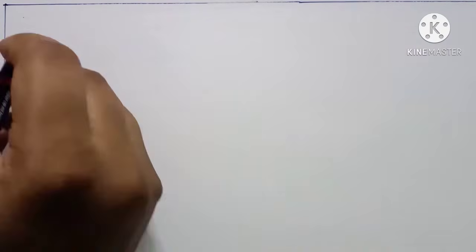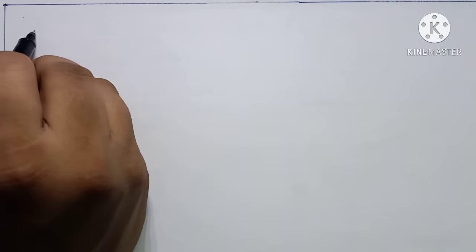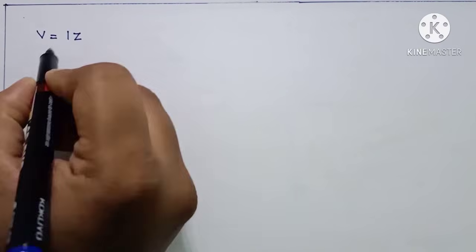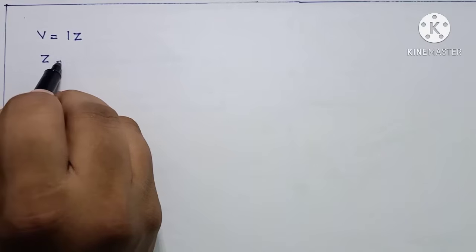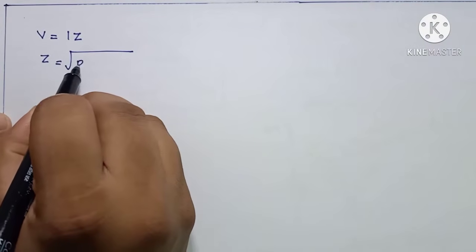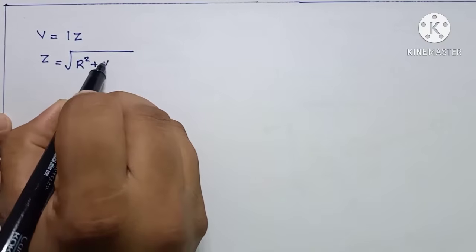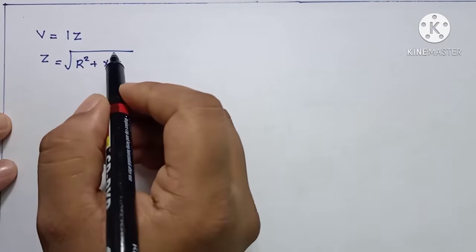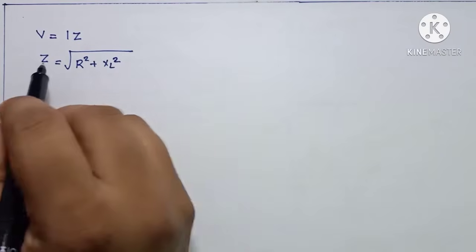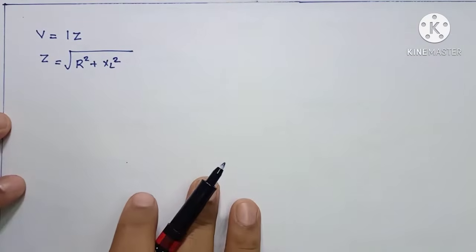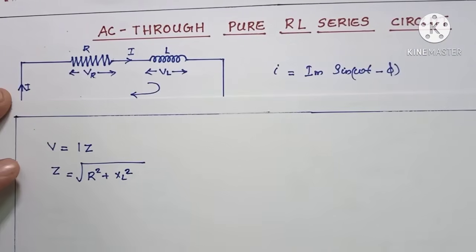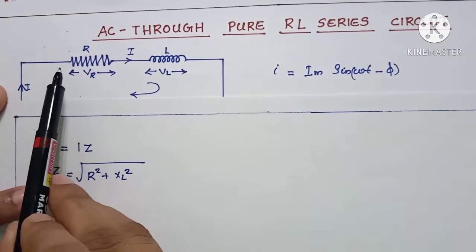Okay, and I can write the voltage equation once again here, that is V is equal to I into Z. Here Z is nothing but the square root of R square plus XL square. So we can say that impedance is nothing but the net opposition.